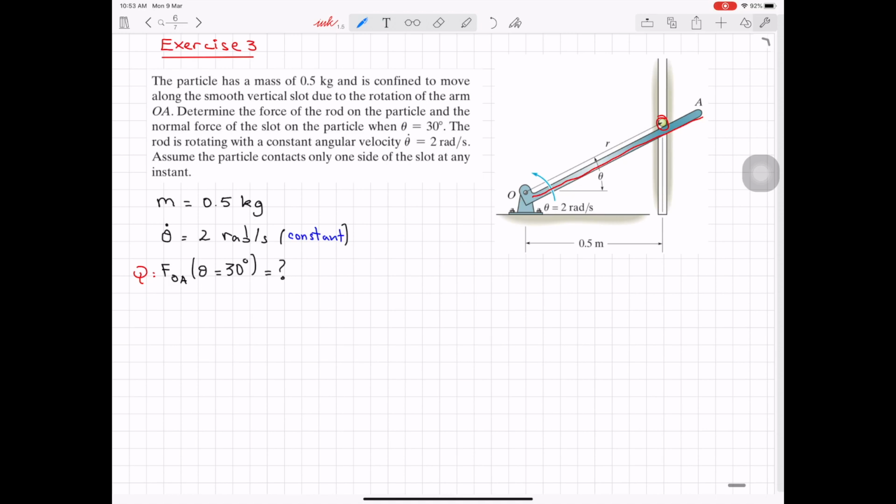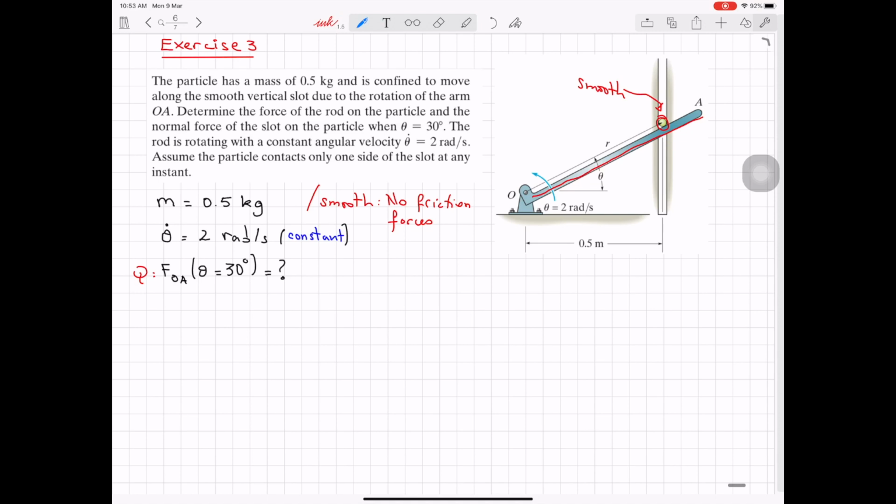They also said that this slot is smooth, so if it is smooth, it means that there are no friction forces.